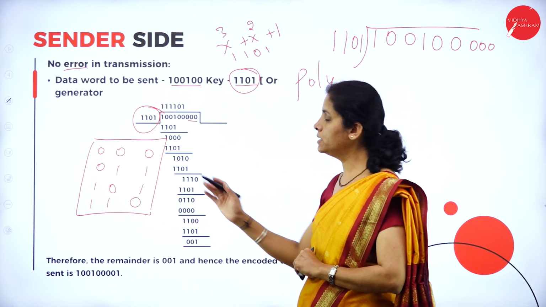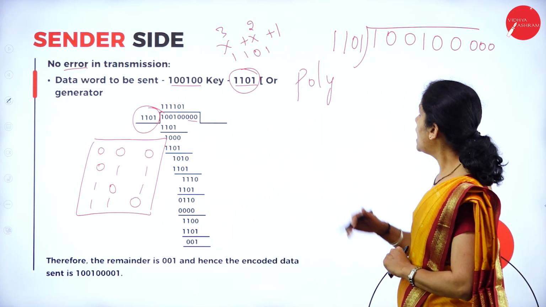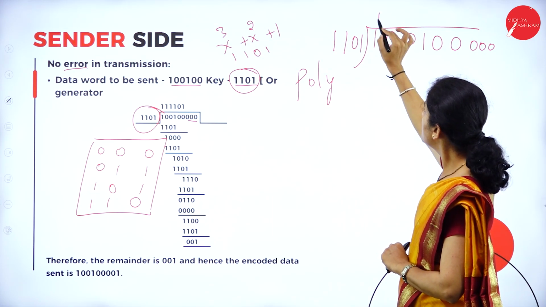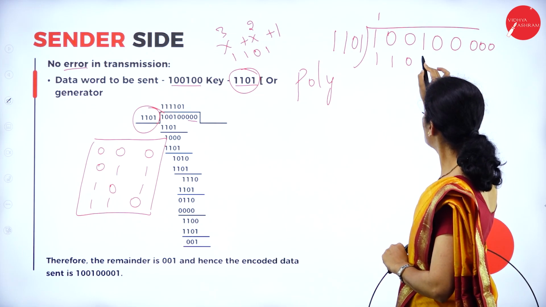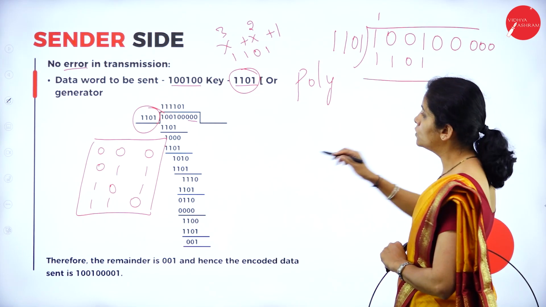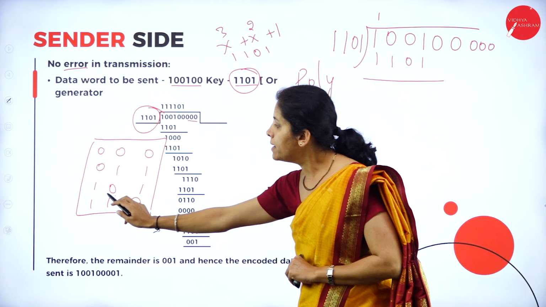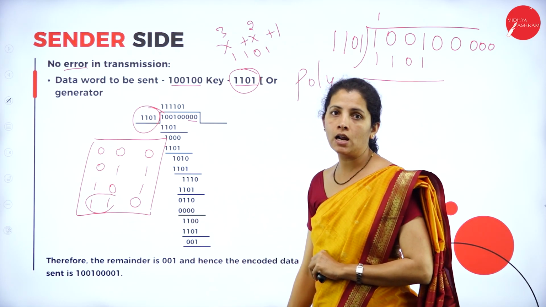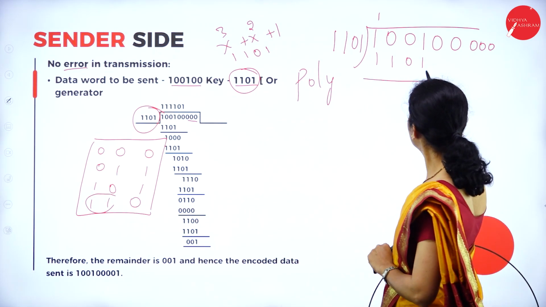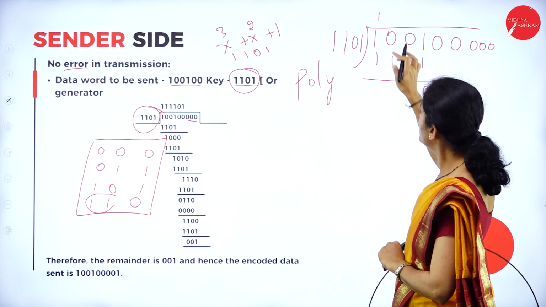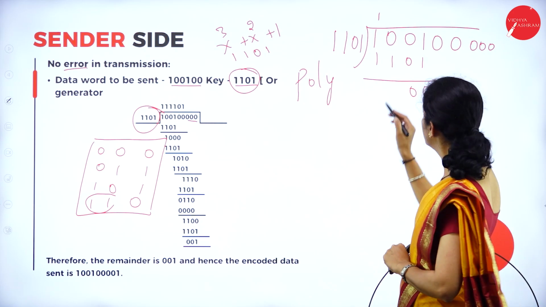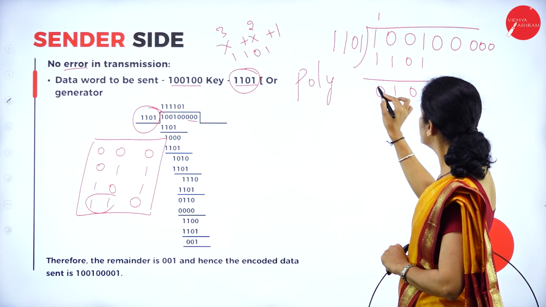Now see the truth table. When both inputs are high, the output is 0. So 1 1 is 0. When I have an odd number of ones, it is 1.